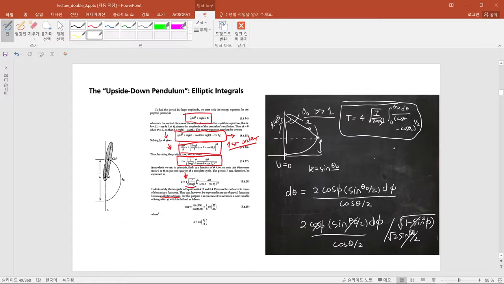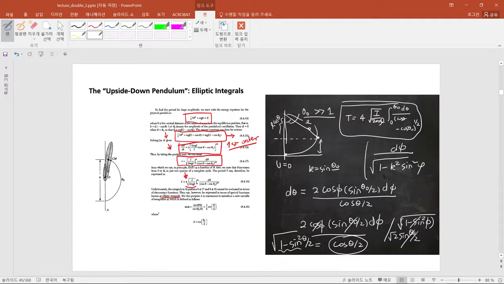d phi over cosine theta over 2, which is equal to what? Cosine theta over 2 is the square root of 1 minus k squared sine square phi. So cosine theta over 2 is equal to square root 1 minus sine square theta over 2, and sine square theta over 2 is sine square theta 0 over 2 times sine square phi.